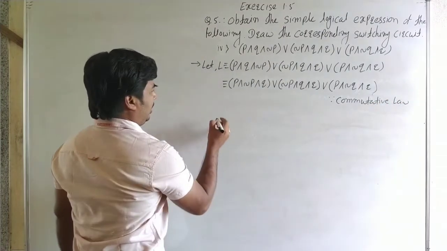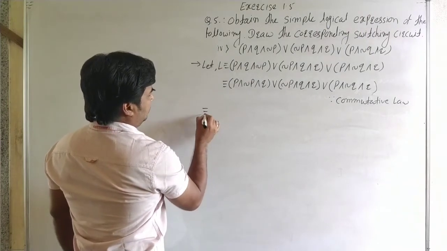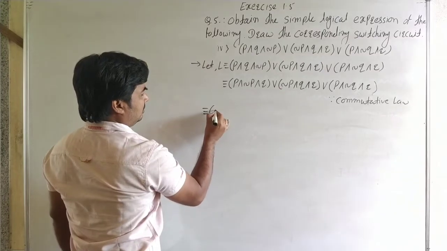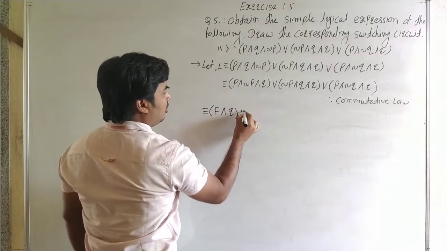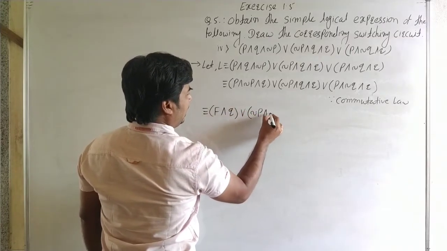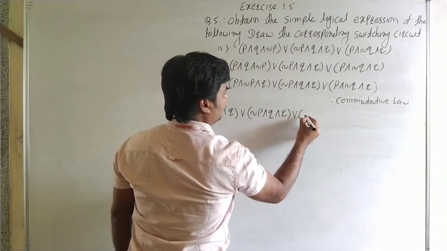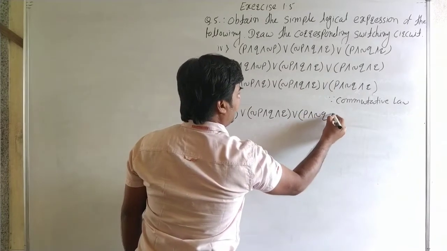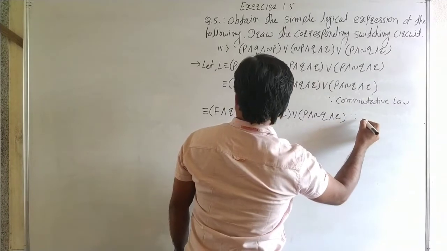Now we can write here P and negation P, it is a contradiction, and Q, or here negation P and Q and R, or P and negation Q and R as it is. Last two brackets as it is. Here the complement law.